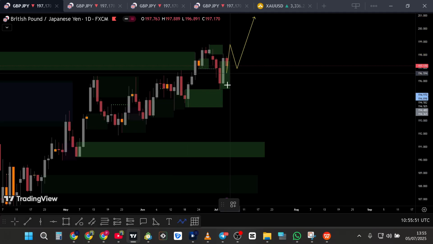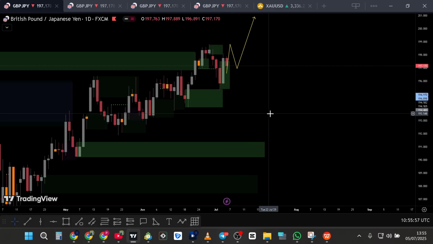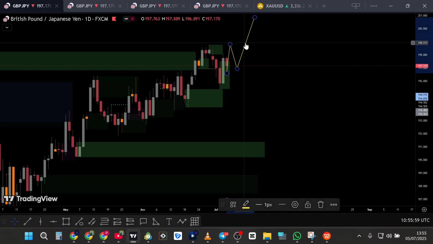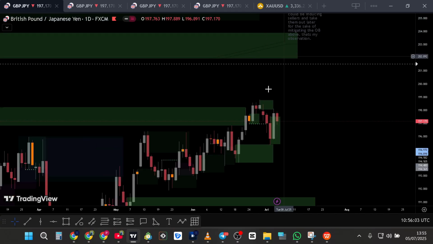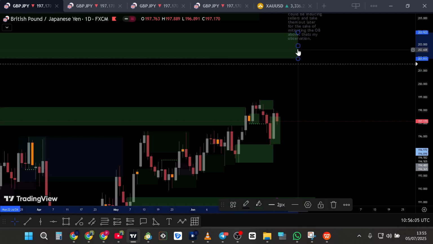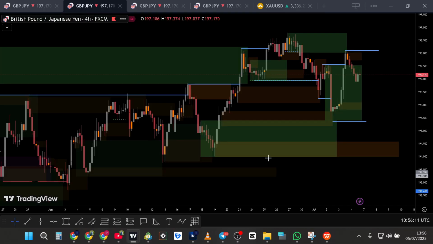If it does breach this low, then I'll be looking for areas of supply and then continue to the downside. So anything can happen, but if you ask me to vote, I'm overall on the bias of the buys, looking for opportunities to the upside. So that's what I'm anticipating on the GJ on the daily.